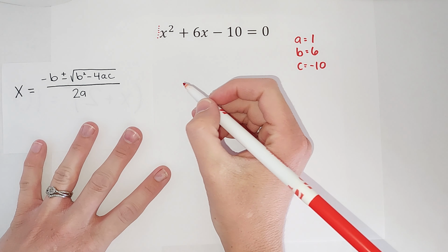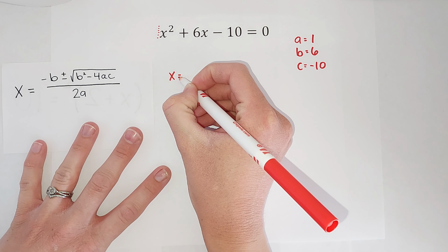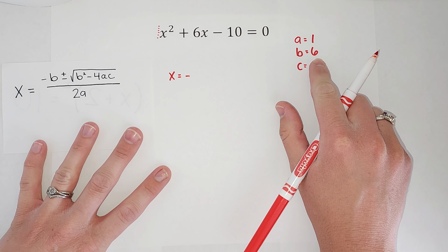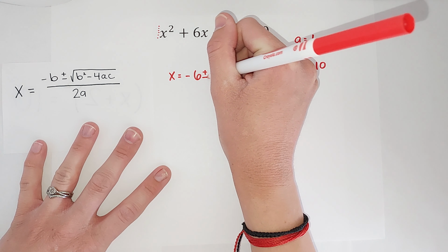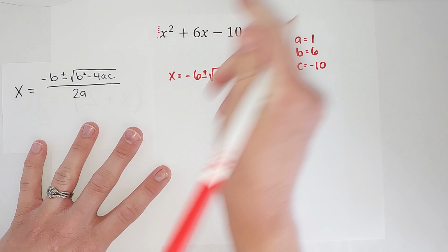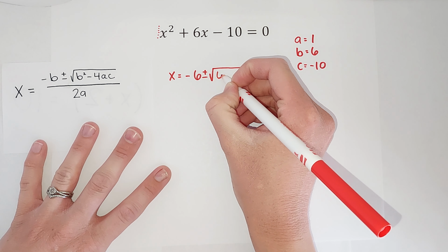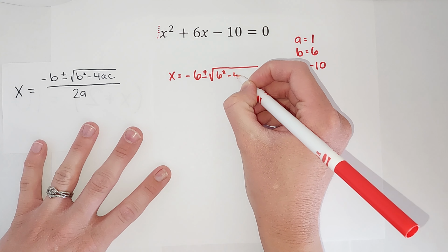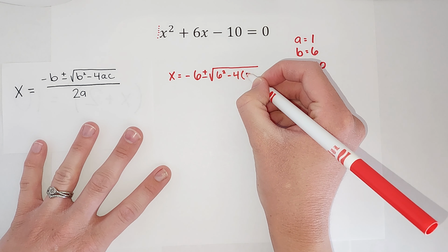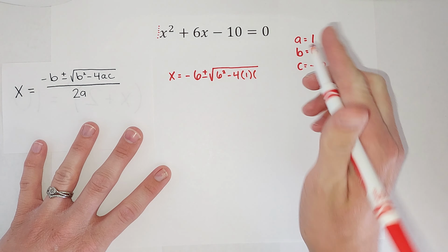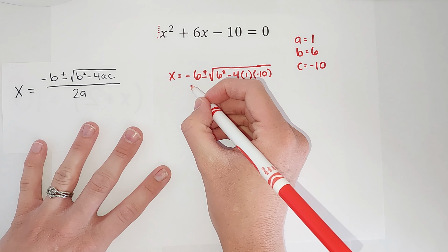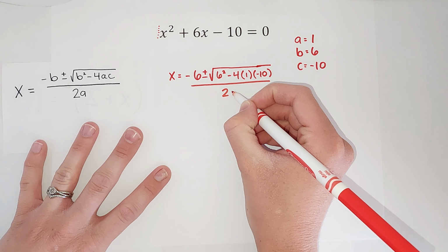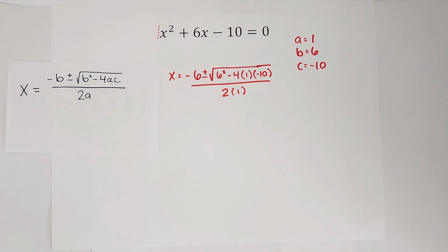So x equals negative b, so we're going to have a negative 6 plus or minus the square root of b squared, so 6 squared, minus 4 times a, which is 1, times c, which is negative 10, all over 2 times a, which is 1, okay? It looks a little scary, but we're going to simplify it down.